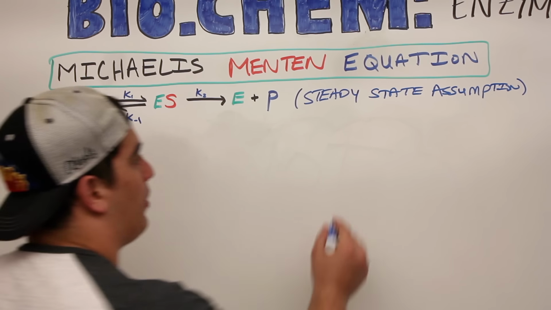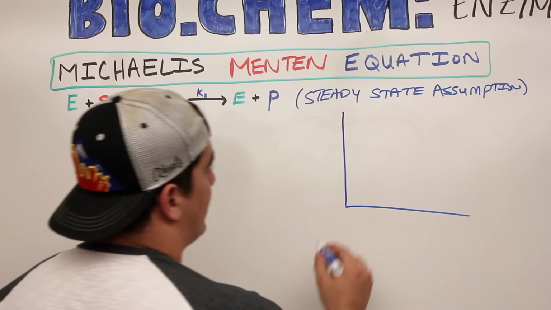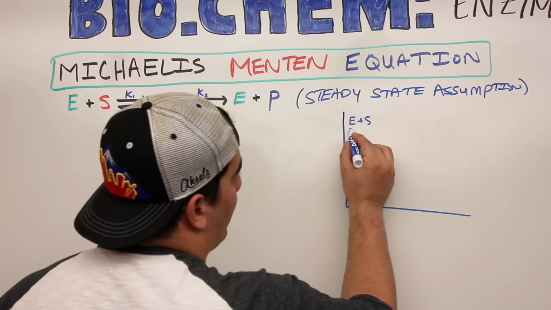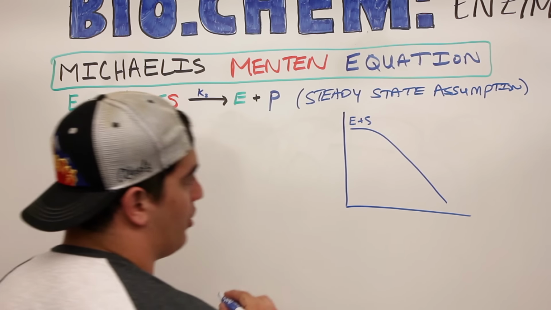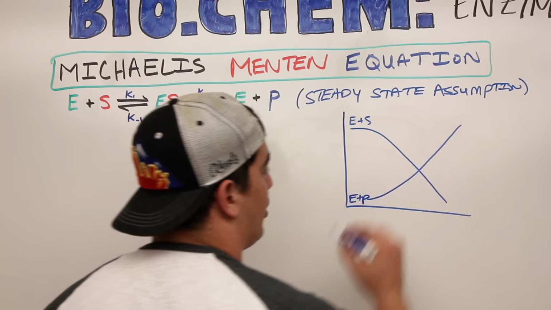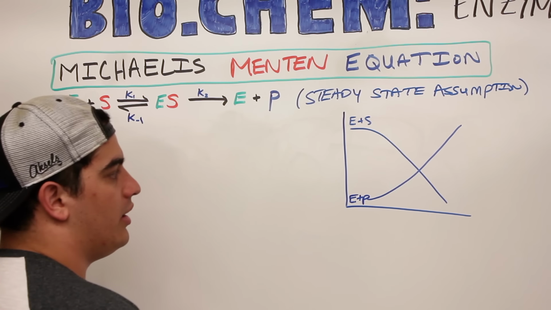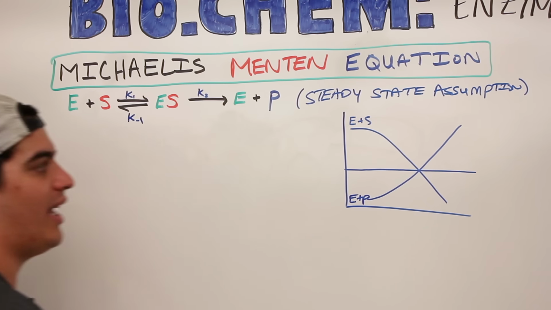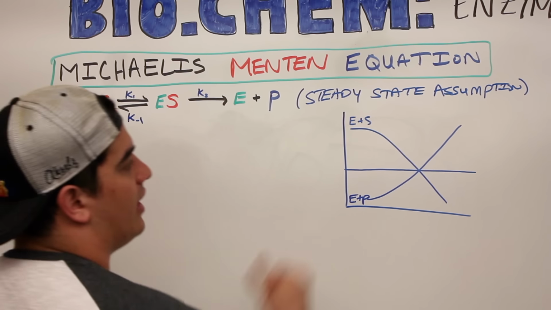So for example, if I were to make a graph here, and let's say that I have enzyme plus my substrate, as this reacts, its concentration is going to decrease over time. But then my enzyme and product is going to be increasing over time as the enzyme-substrate decreases. But there's this point where the enzyme-substrate is constant throughout that entire process. That's what our steady state assumption is saying.